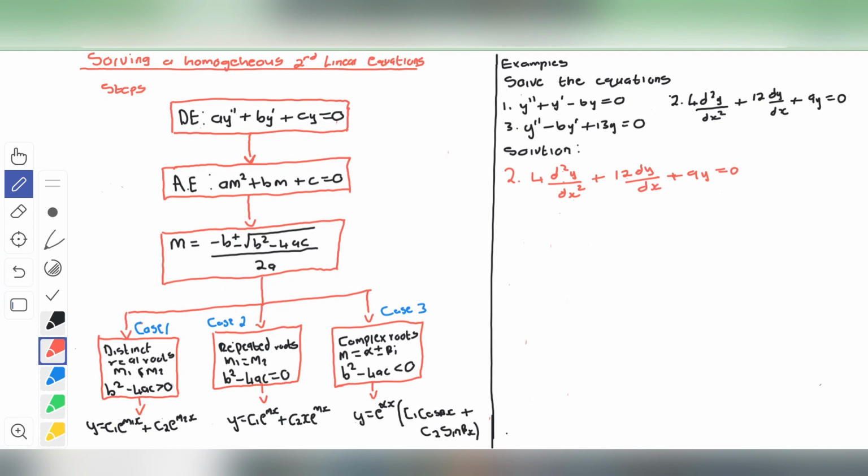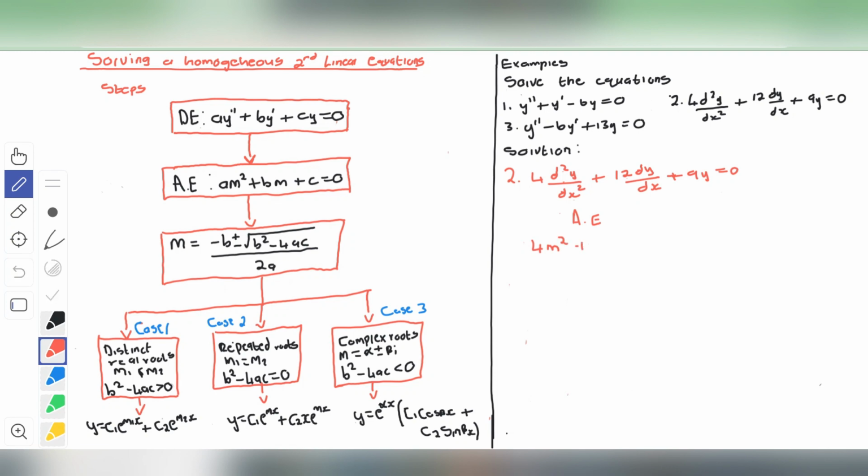So the first step: we are given the differential equation, and we need to write it as the auxiliary equation so that our values are in terms of m. So we write 4, and for d squared y over dx squared, the second derivative, we write m squared, so we include the 2 here.